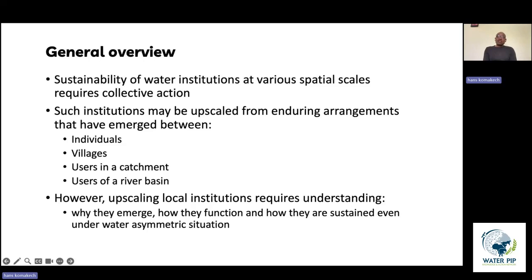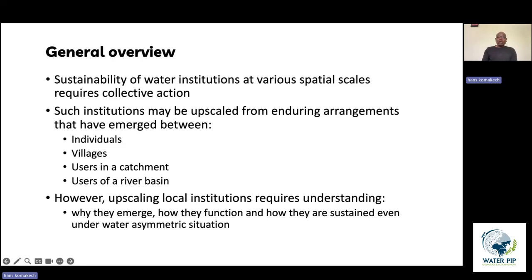It is important to try to understand why these long-enduring institutions emerge, how they function, and how they are sustained, even though we know that in some cases they operate under asymmetric water situations where upstream always impacts downstream, but not vice versa. This is the aspect I am coming from for this talk.